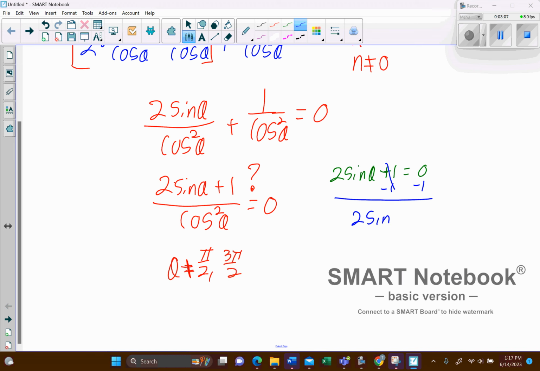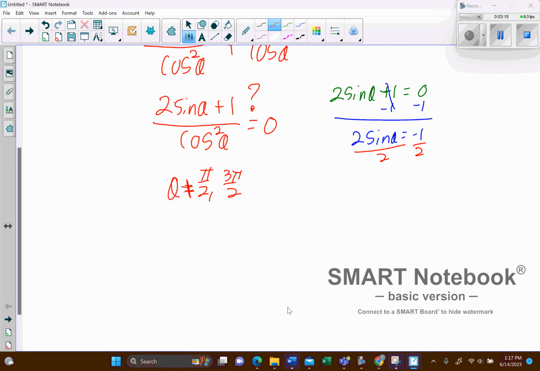Subtract 1 on both sides, so 2 sine of theta equals -1. Then we divide by 2 on both sides, and we get sine of theta equals -1/2. So I have to figure out where sine of theta equals -1/2. You might just know it offhand, but I always like to draw a picture.